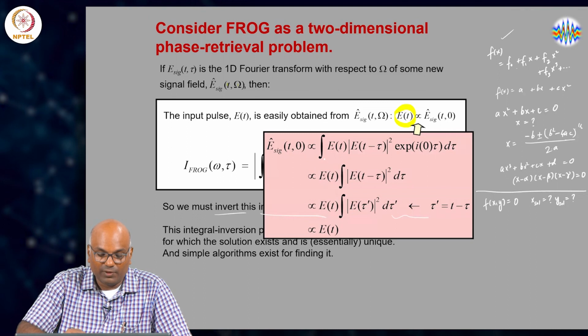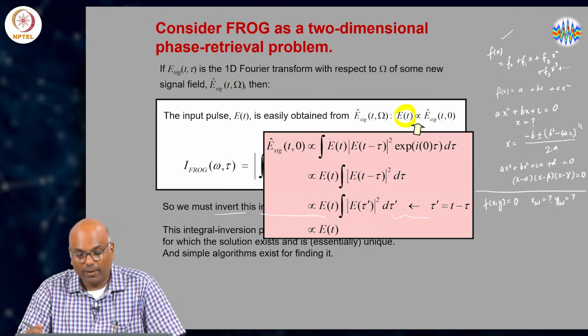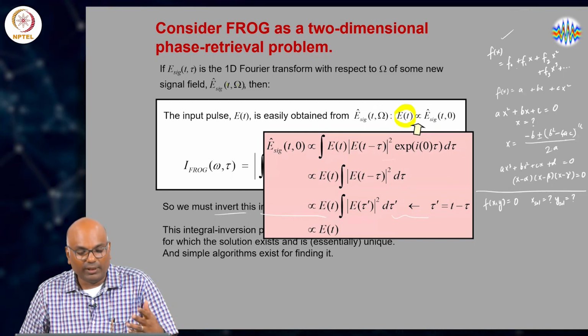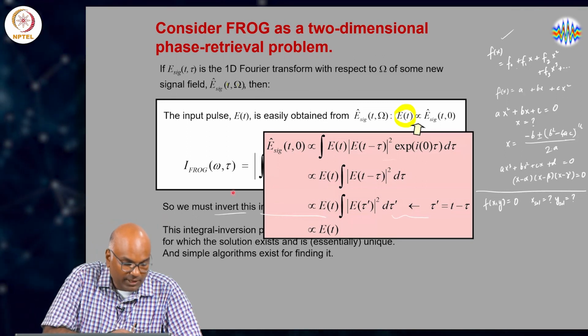And E signal of t is essentially this, it contains the information of E of t, and knowing the gate, in principle, such as for the polarization gate we have demonstrated here.